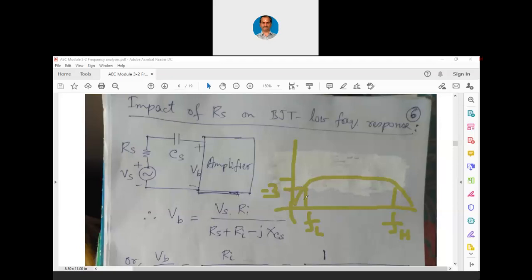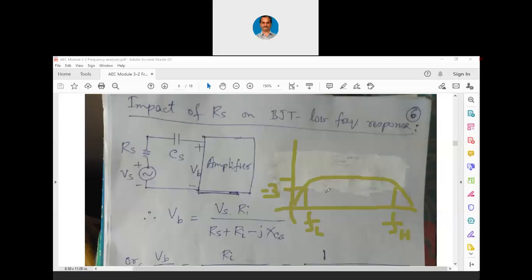Now until then, when we have these three capacitances corresponding to three frequencies, whichever is having the highest value, that itself will come nearer to the maximum gain, right? Or whichever is far away from the 0, that is going to decide the low frequency response cutoff frequency.